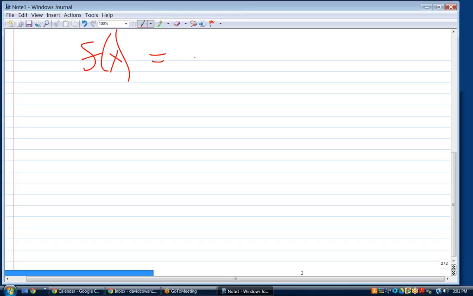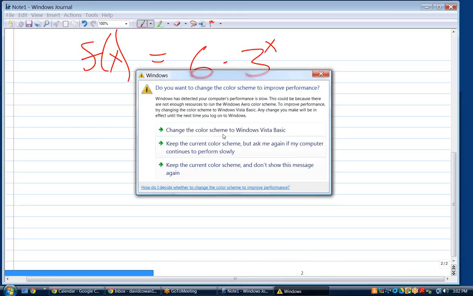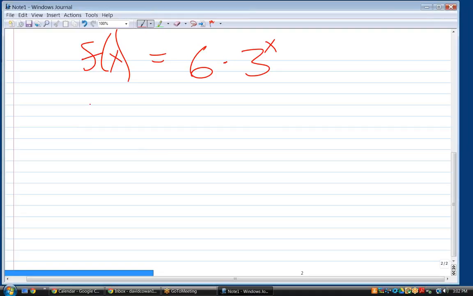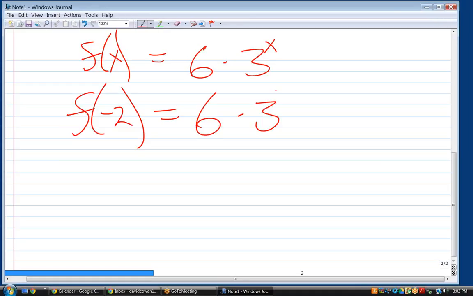F of x equals 6 times 3 to the x, if x equals -2. So we want to do -2 this time. What is 3 to the -2 equal to?